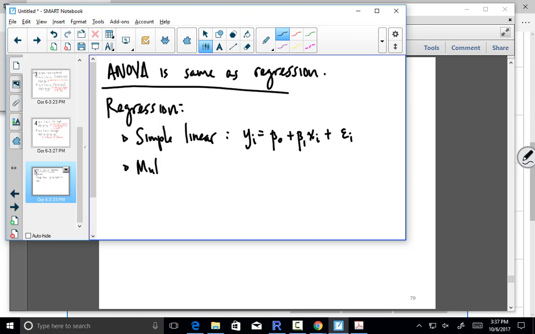There's also multiple linear regression. Some books might actually call this multivariate regression, but we're not going to call it that. We're just going to call it multiple linear regression. So it's a univariate response, and I have a predictor variable, but I have additional predictor variables.